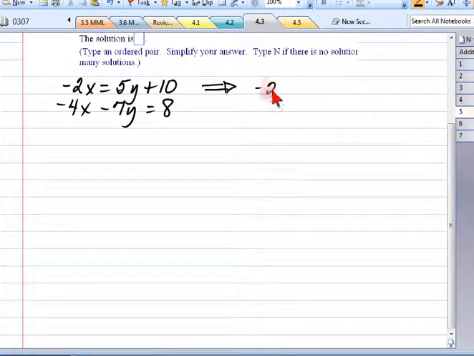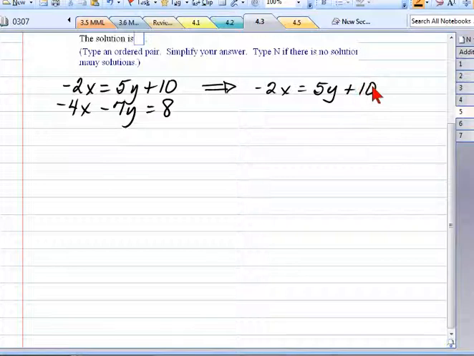I have negative 2x is equal to 5y plus 10. What will I need to do to make it be in the right format? Add 5y to it. Okay, I do need to get the 5y from the right-hand side to the left-hand side.